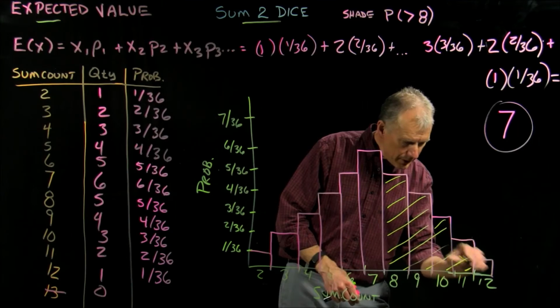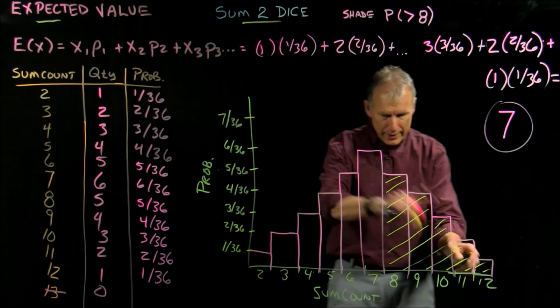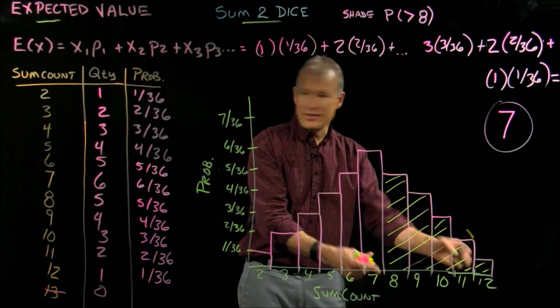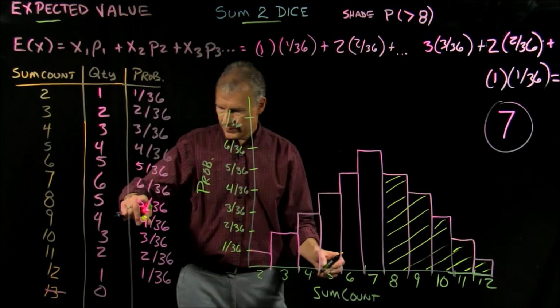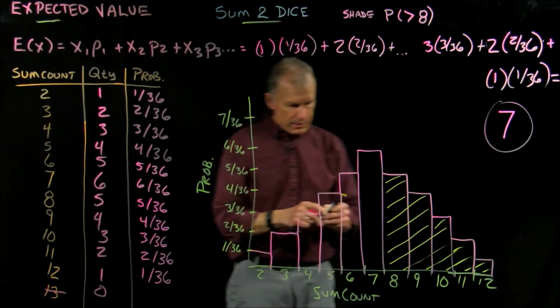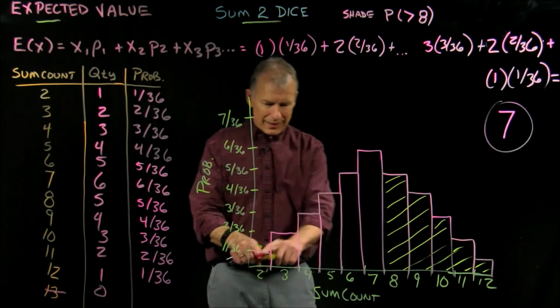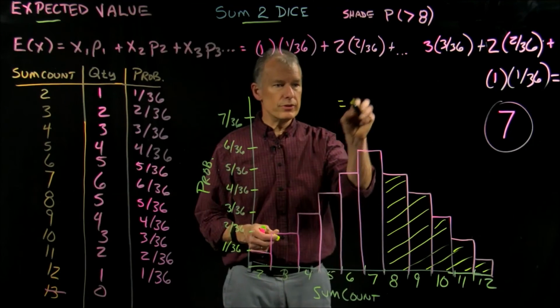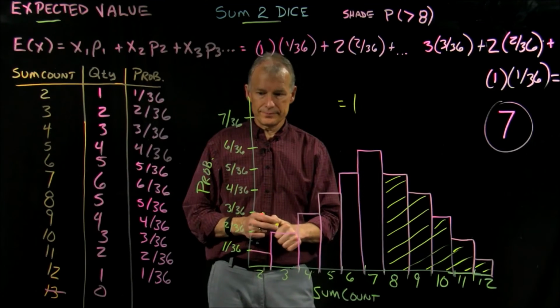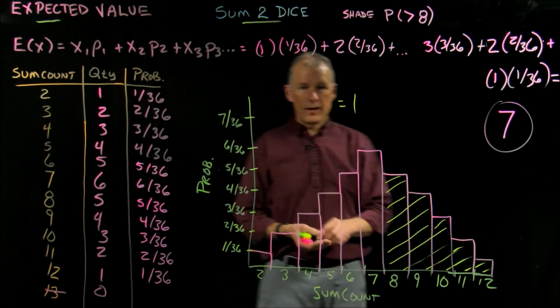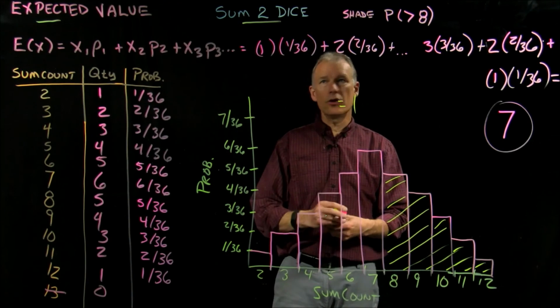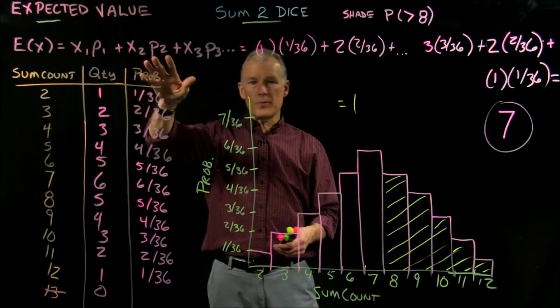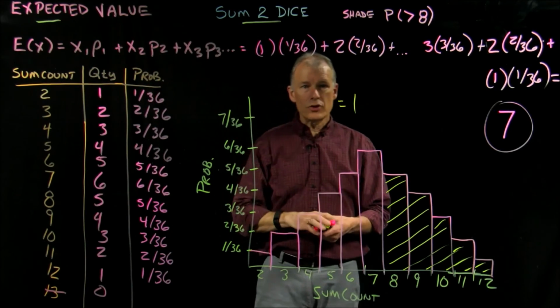Right here in yellow, that's the probability of getting a sum of 8 or more. It's adding all of these up. Now, of course, you would also expect that if you were to add up all of these, the probability would be equal to 1, right? All right, so I think it's time to go try. Again, this is an expected value problem, and let's go try a different kind.